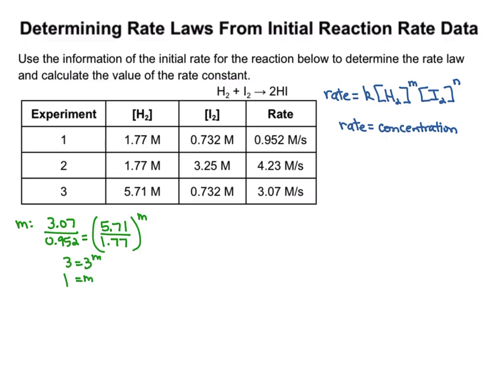Now I want to solve for n, and I'm going to do the same thing. I'm going to compare the rate to the concentration, but I'm going to pick the two experiments where H2 remains constant. So to solve for n, I'm going to have to use the information from experiment 1 and experiment 2.